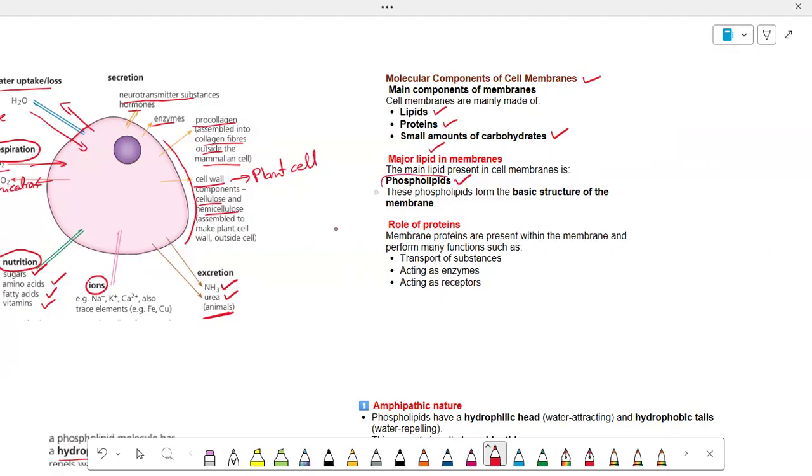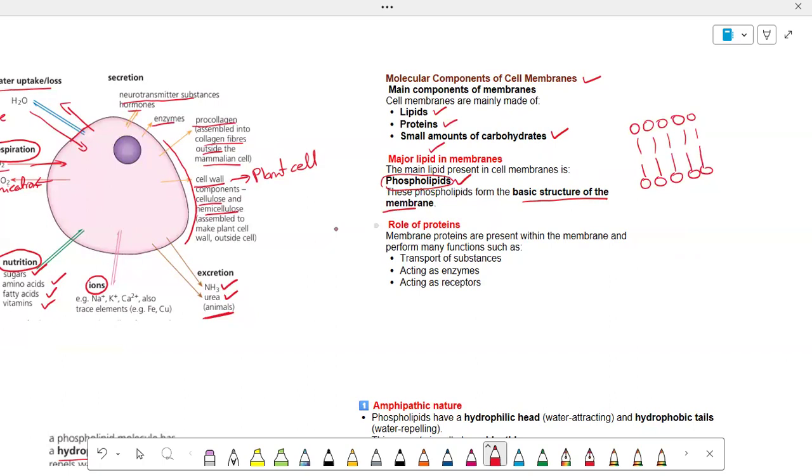We already talked about phospholipid. These phospholipids form the basic structure of the membrane. We already discussed that they form the head towards the water and the tail. This is the basic structure of the cell surface membrane.